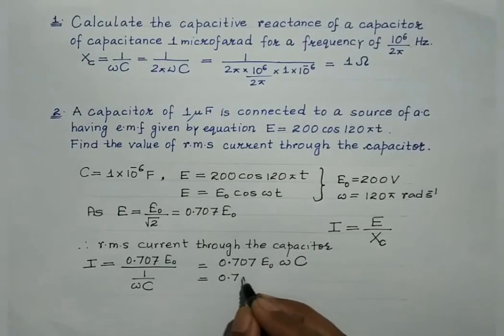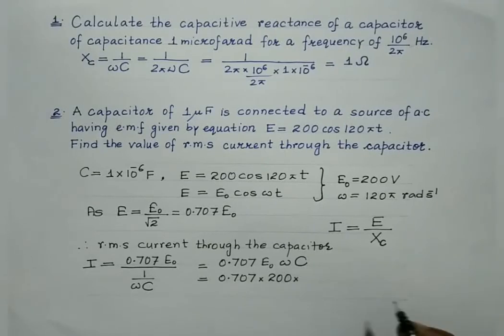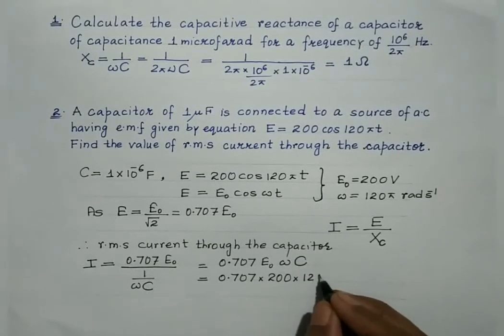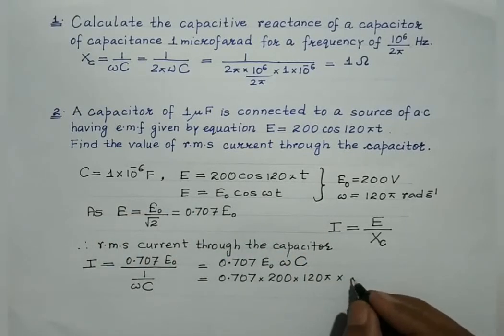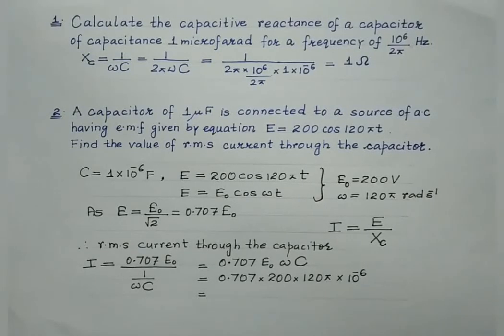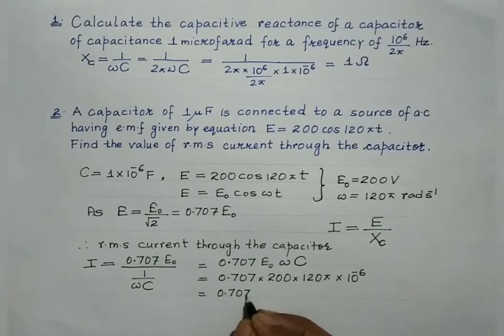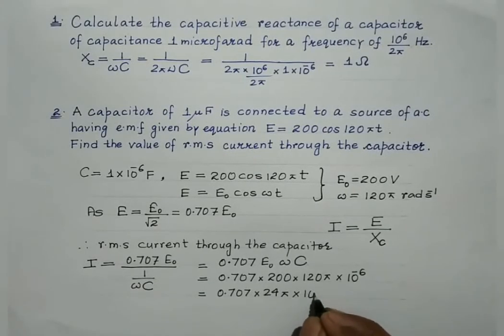So it is 0.707. Peak value is given to be 200. Angular frequency is given to be 120 pi. Right? And capacitance is given to be 1 microfarad, which is 10 raised to power minus 6. So let's try to solve it. What we get is 0.707 multiplied by 12 into 2, 24, into pi, multiplied by 10 raised to power 3 zeros and 10 raised to minus 6.